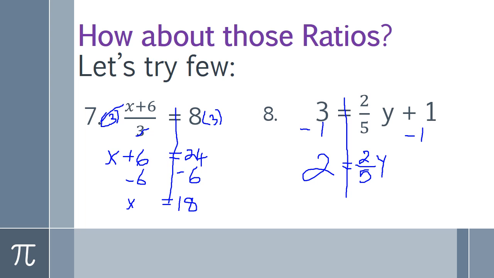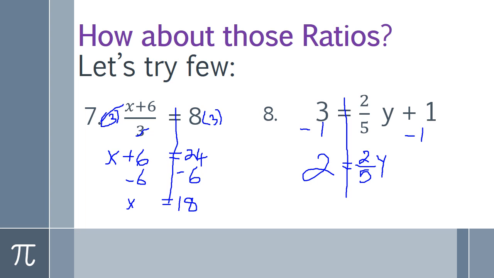Now, to have y by itself, I need to get rid of the fraction, which is 2 over 5. And since we have a fraction, we need to use the reciprocal to get rid of that fraction.